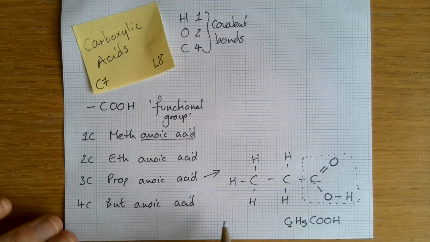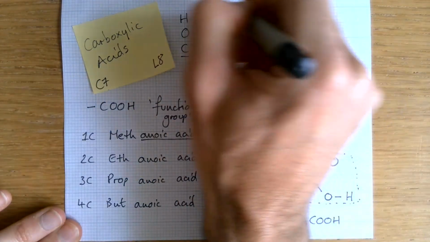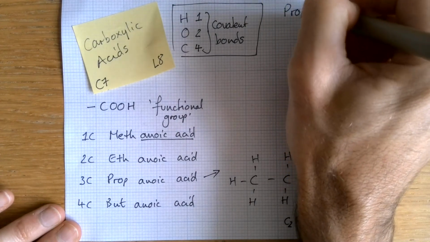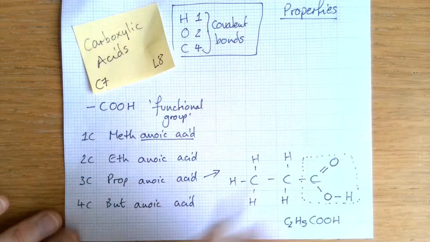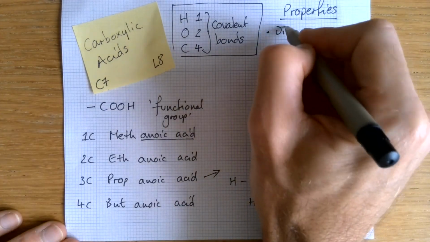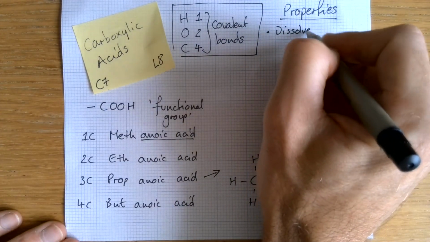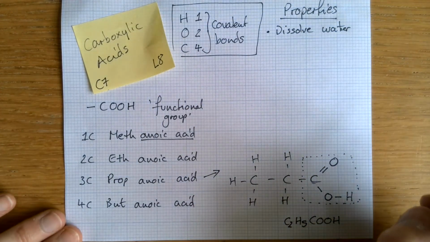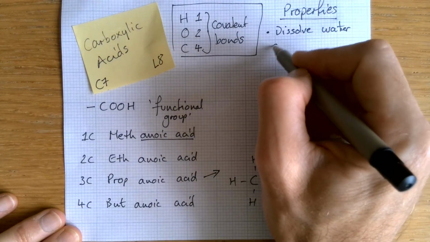We also need to know and be aware of some of the properties of carboxylic acids. The first one is that they dissolve in water, and when they do, they form acidic solutions.